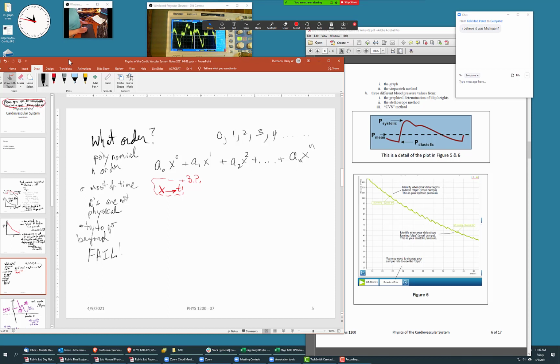So in the trend line settings, we went 0, 1, 2, 3, 4, and you examine the highest order coefficient, A, highest, and compare to the next highest.